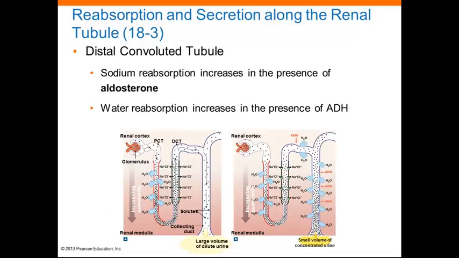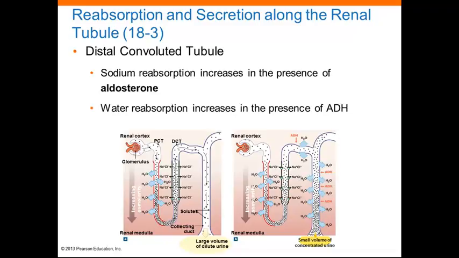Events at the distal convoluted tubule include about 80% of the water and 85% of the solutes having been reabsorbed already. So this is just final adjustments, like the sodium reabsorption, which will increase in the presence of aldosterone, and any water reabsorption, which can increase in the presence of antidiuretic hormone, or ADH.